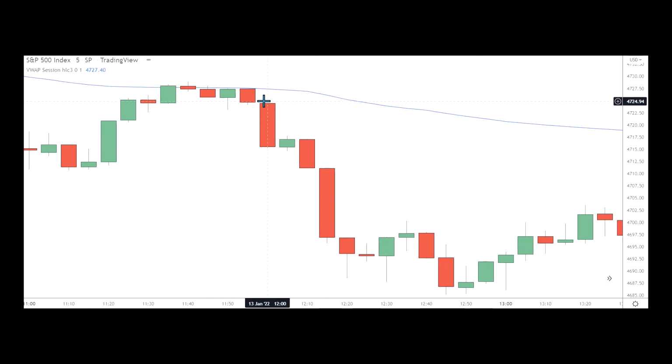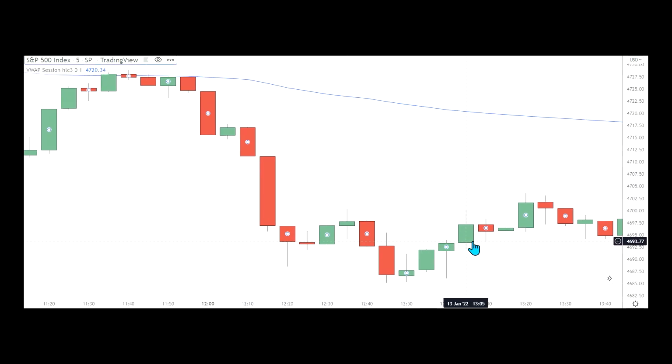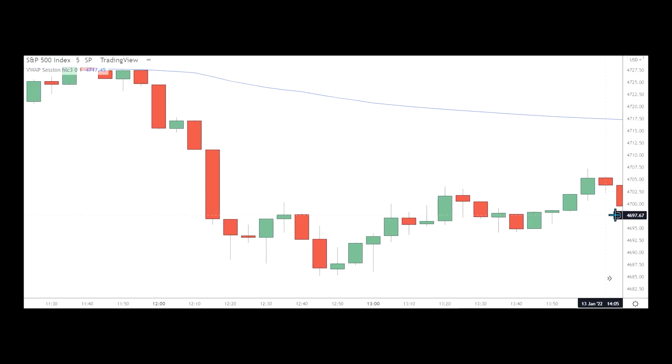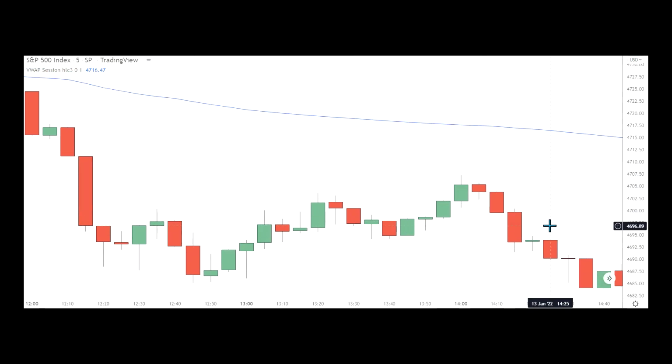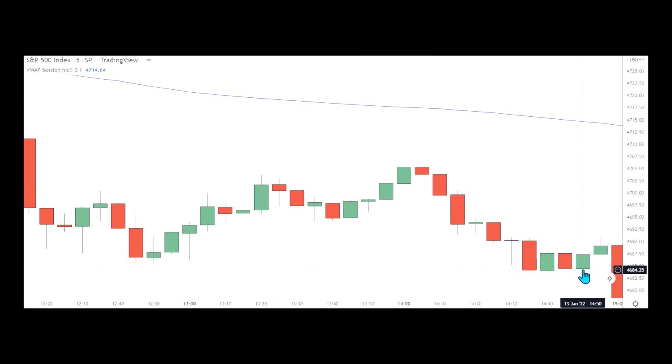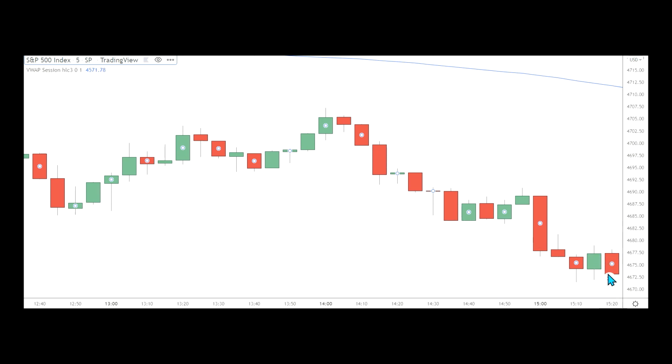The S&P 500 index fell very, very sharply. And then you can see the market close right here. So you can see the VWAP line actually worked for day trading the S&P 500 index.